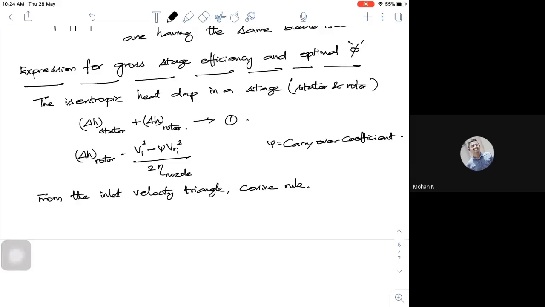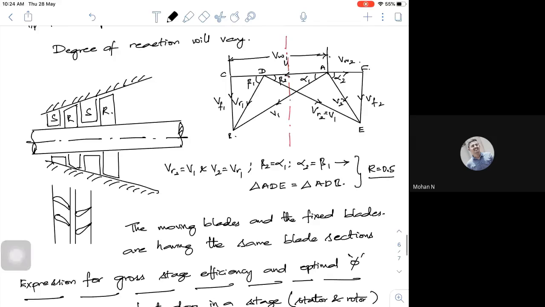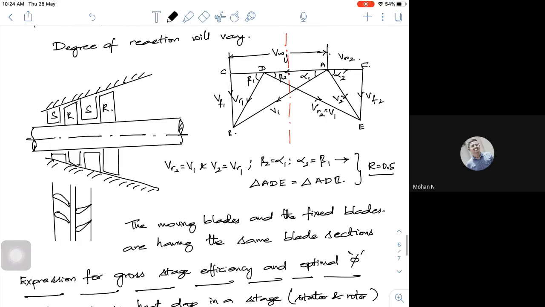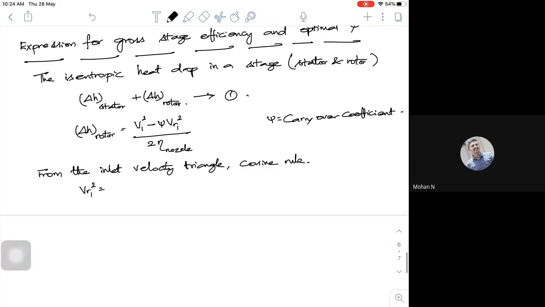Consider triangle ADB. So VR1 square is equal to V1 square plus U square minus 2U into V1 into cos alpha 1. Let me write that: VR1 square is equal to V1 square plus U square minus 2U into V1 into cos alpha 1.